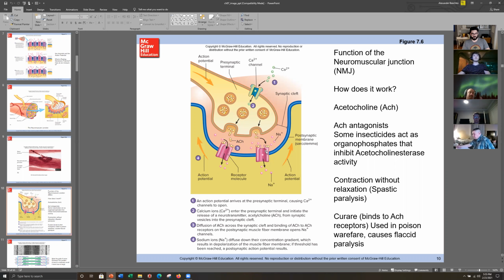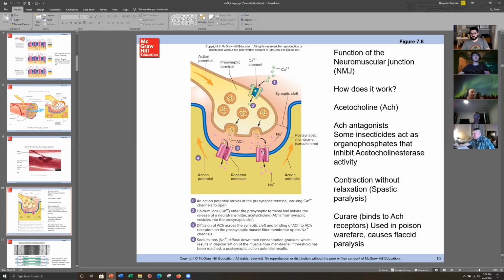When these protein channels open, they will allow for sodium to flow into our cell over here and then cause the postsynaptic membrane response. In this case, it's an excitatory response. That action potential or electrical signal, think of it as like a go signal. Like when you're telling your muscles to contract, this is one of the first things that happens between your brain and your muscle.